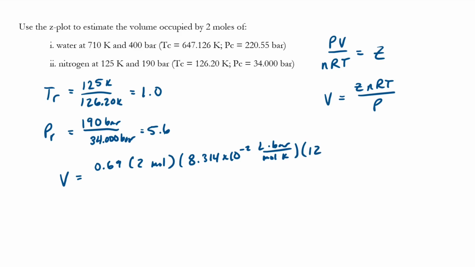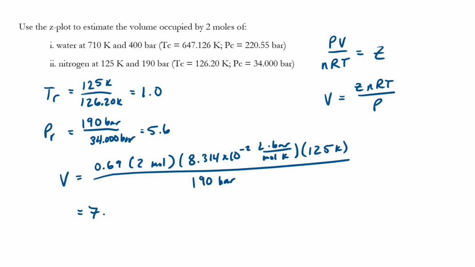The temperature is 125 Kelvin. And all of that is over 190 bar, which gives us a grand total of 7.55 times 10 to the negative 2 liters.